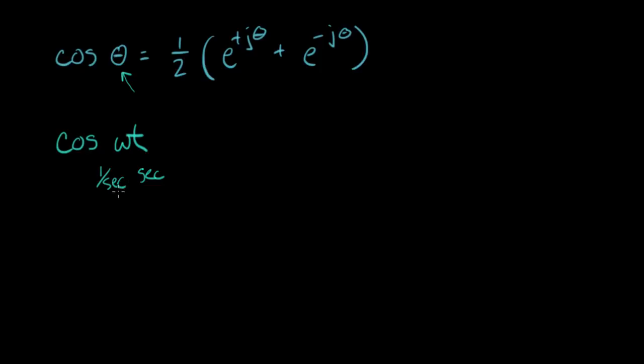That's the units of frequency, or per seconds. And when these multiply together, we get a dimensionless number right here, and we can take the cosine of a dimensionless number. So what does this equal? This equals 1/2 times e to the plus j omega t plus e to the minus j omega t.